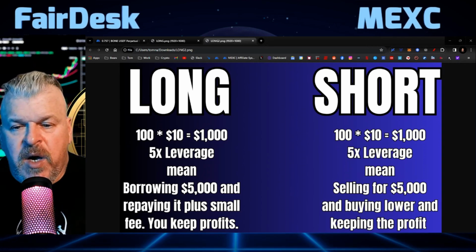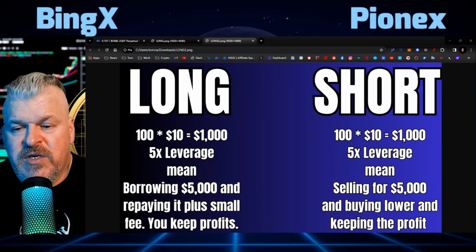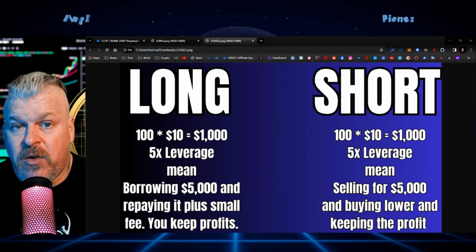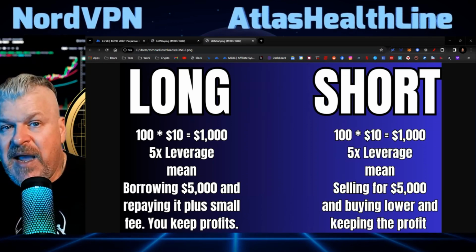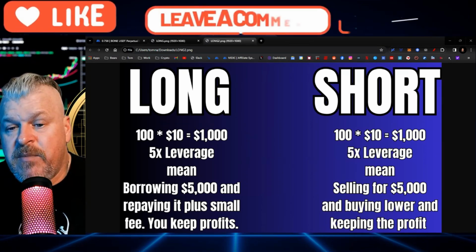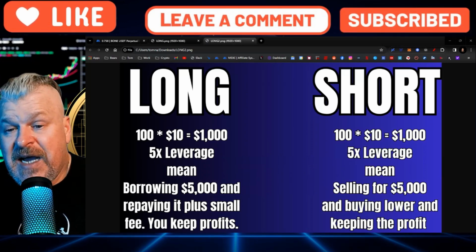So if you bought this at $10 and you sell it all for $5,000, that means you got $5,000 worth of this crypto. Now, if the price of it goes down to about $9, then that means that you go buy it back. And now when you buy it back, you're going to buy it for $4,500. You're going to get the same number of shares at $1 less.